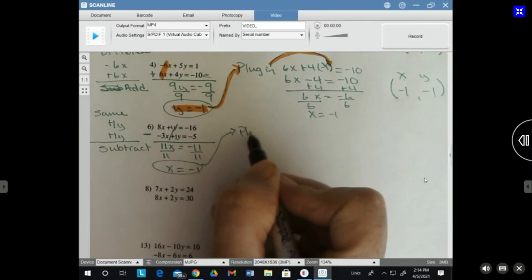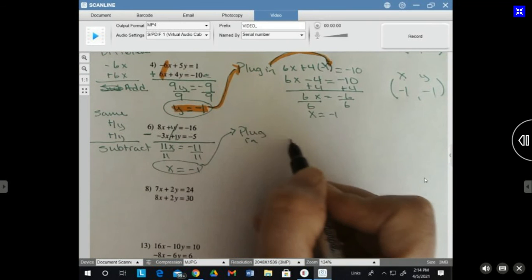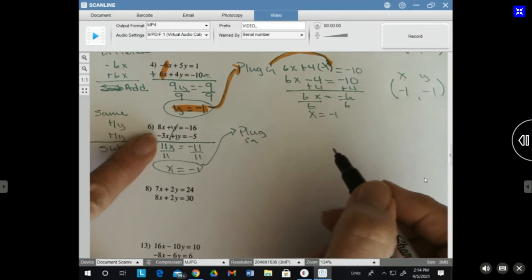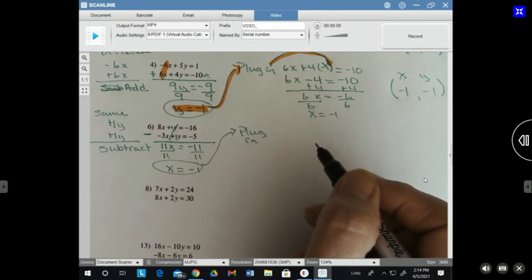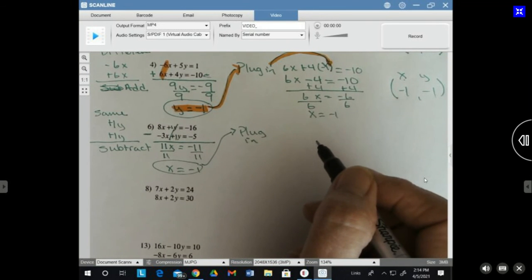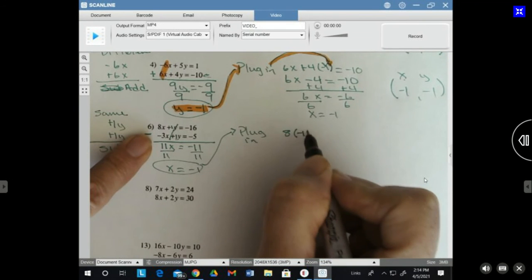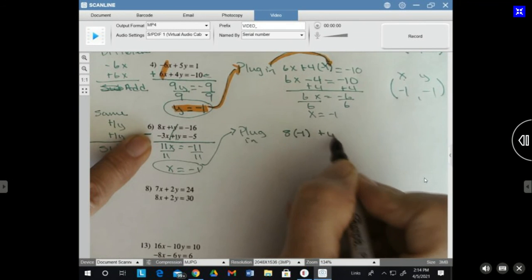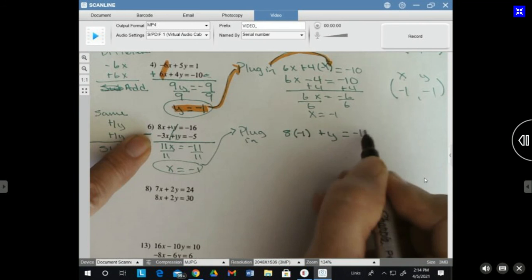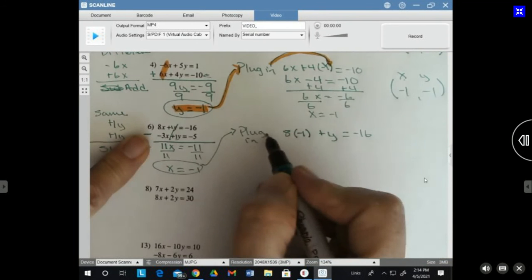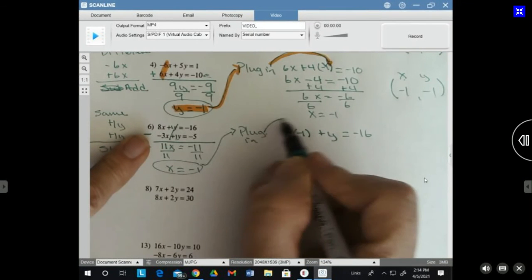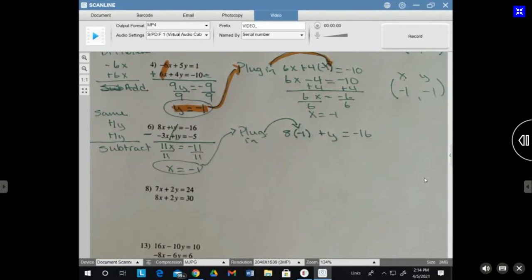Plug in. I'm going to use the top one. We can use either, but I'm going to say 8 times negative 1 plus y equals negative 16. We're taking that x and plugging it in.